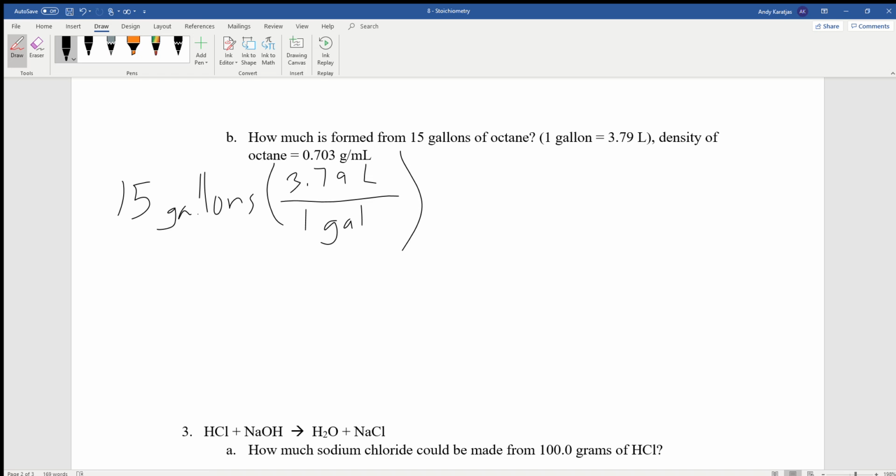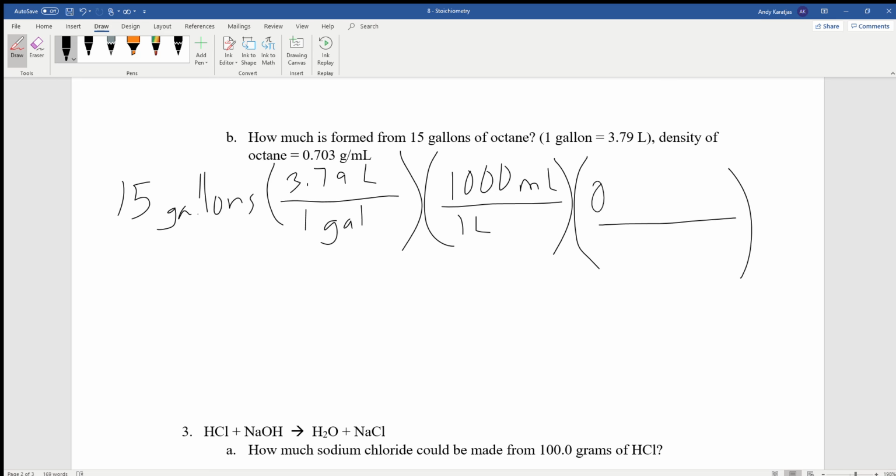Then we're going to go from liters to milliliters. The reason we need to do that is our density is in grams per milliliter. So 1 liter is 1,000 milliliters. And now we can convert to grams using the density. 0.073 grams of octane is equivalent to 1 milliliter of octane. So let's calculate that.